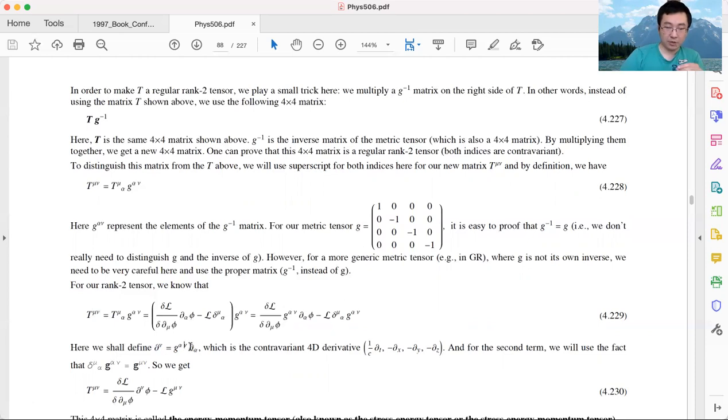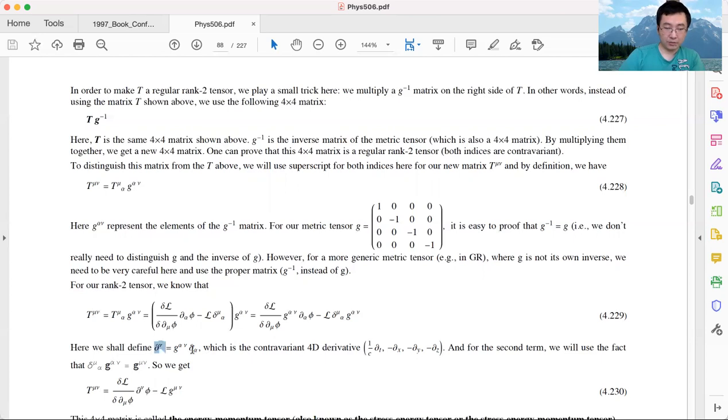Notice that for partial alpha, the alpha is a lower index, but when it is multiplied together with G mu alpha, we call the whole thing partial nu, with nu as an upper index. This is what people utilize in the covariant and contravariant notation. It's nothing fundamental, it's just a notation. The upper index derivative means the multiplication of these two. Just a convention.